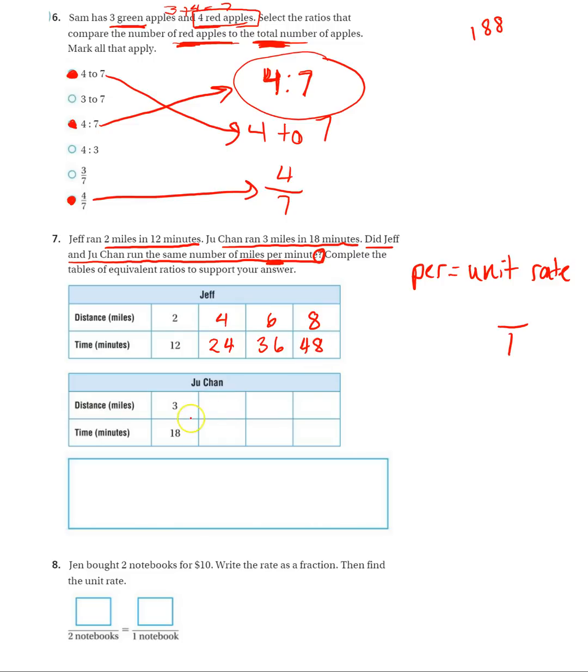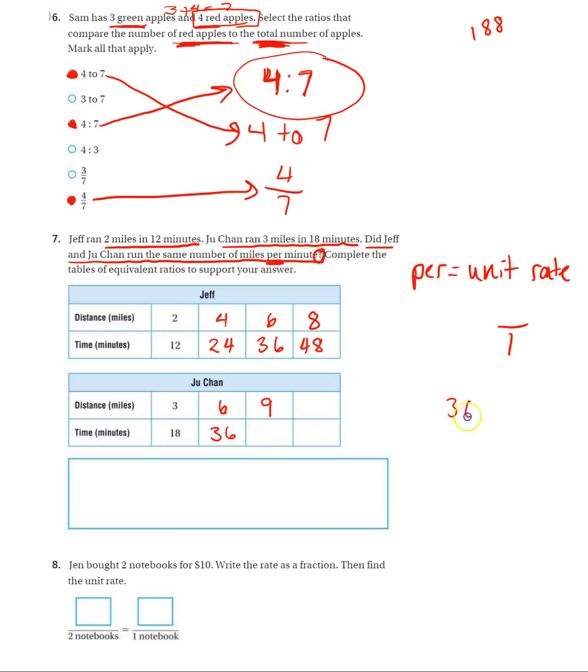Okay, Ju Chan, 3 miles in 18 minutes. So if he goes another 3 miles, it's going to be another 18. So 18 plus 18, what, 36? If he goes another 3 miles, that'll be another 18 minutes.